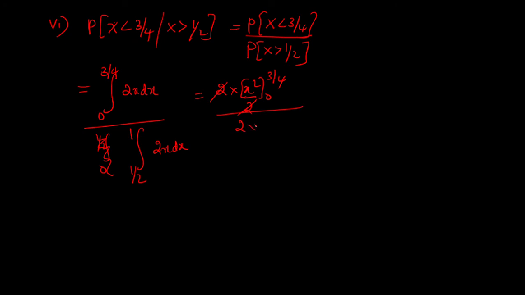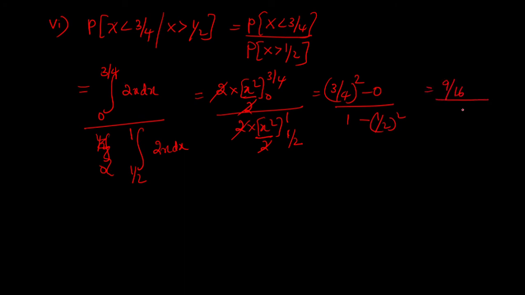2 into x square by 2 within the limits 1 by 2 to 1. That is 3 by 4 the whole square minus 0, and 1 square minus 1 by 2 the whole square. That is 9 by 16 divided by 1 minus 1 by 4. That is equal to 9 by 16 divided by 3 by 4.